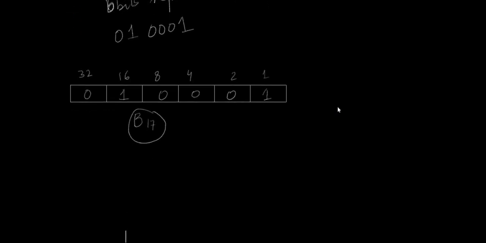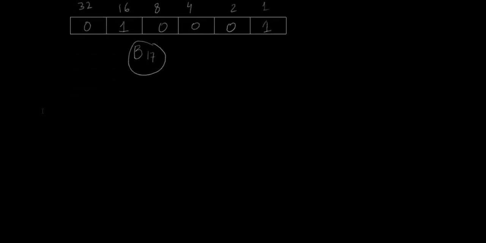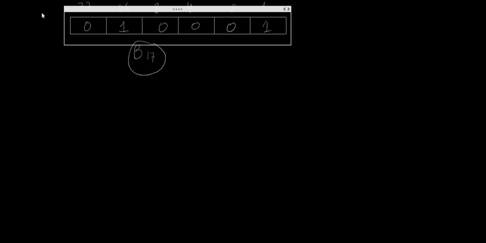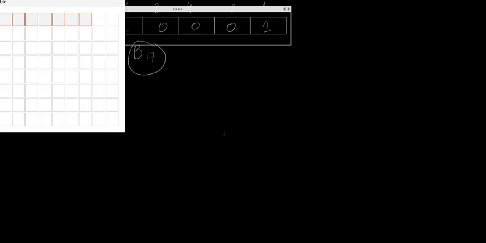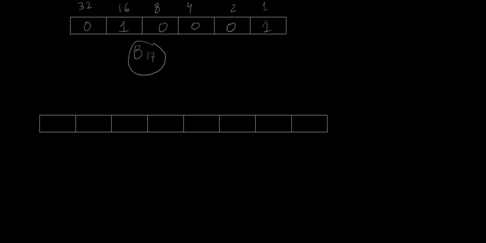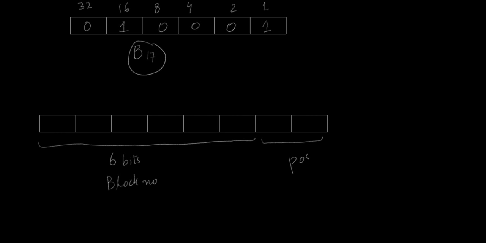Now, whenever we talk about the physical address as a whole, I'm going to tell you again, if we talk about the 8 bits, the physical address as a whole is that the first 6 bits represent the block number, and the last 2 bits are called the block offset, which tell the position of the word in the block, like on which position that word is going to exist.